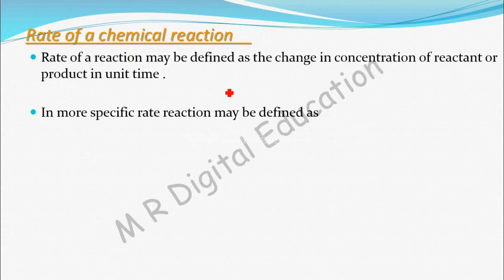For reactant, concentration will be decreasing. That's only the change. Change means decrease or increase. For product, concentration will be increasing. So in general, rate of reaction is defined as the change in concentration of reactant or product in unit time.